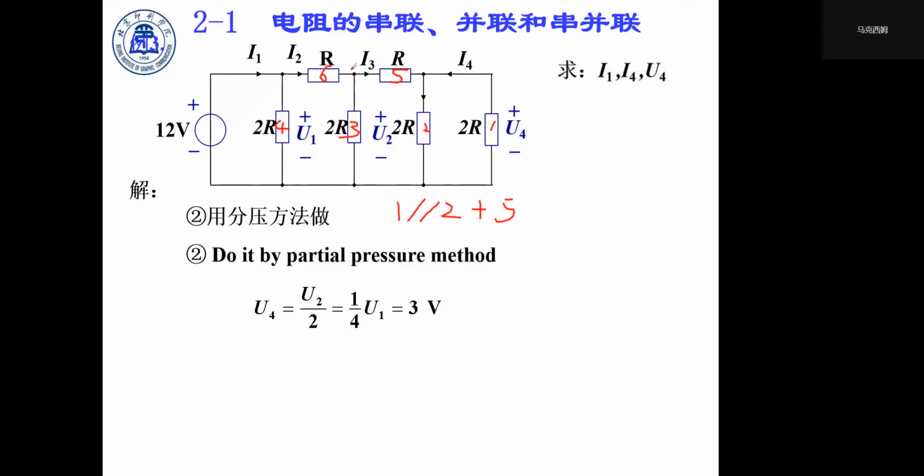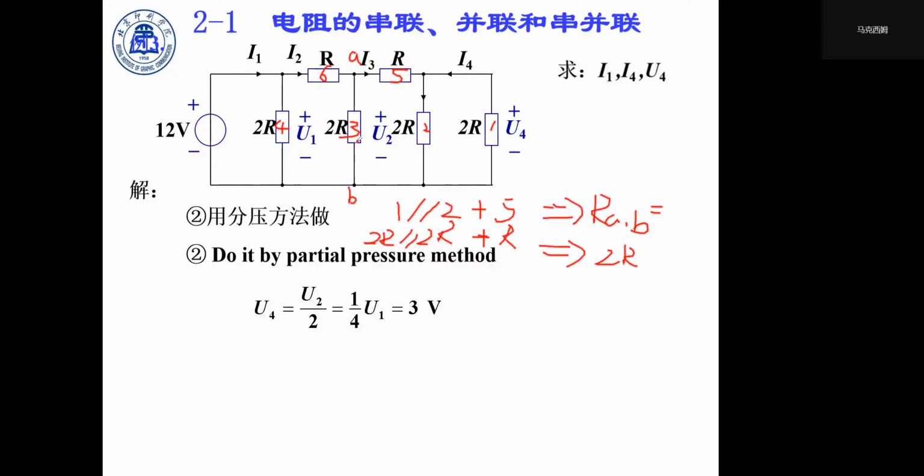And the equivalent resistance between point A and point B on the right branch could be, right? On the right branch, we can see that this is R. This is 2R parallel 2R plus 1R equals 2R.